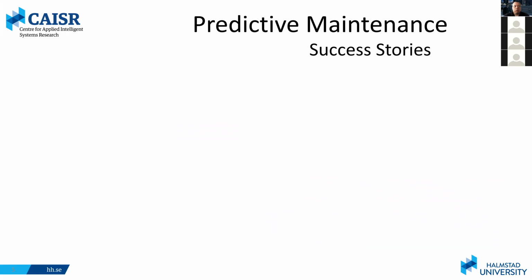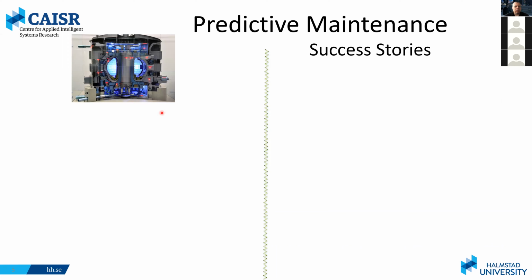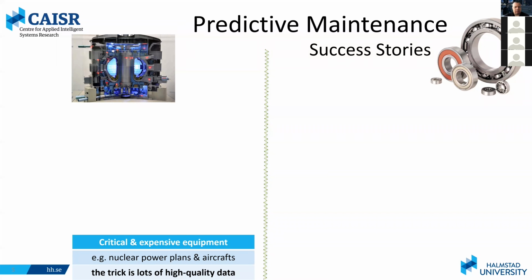And then if you look at what I would call success stories of predictive maintenance, surprisingly, there are 2 extremes of a spectrum. On one hand, you have things like nuclear reactors or aircraft and so on. And on the other, very different, you basically have stuff like wheel bearings. It's kind of interesting, but if you think about it, it makes sense.